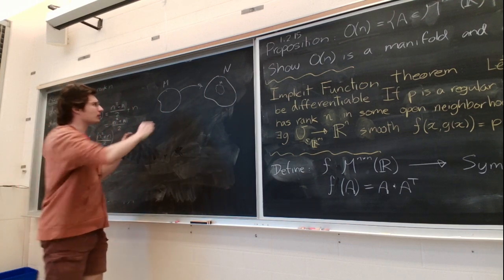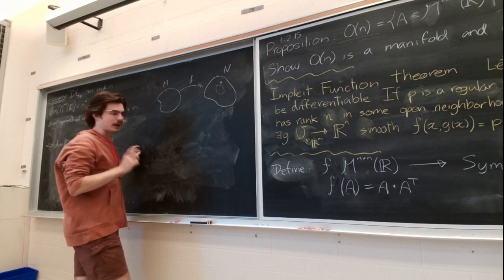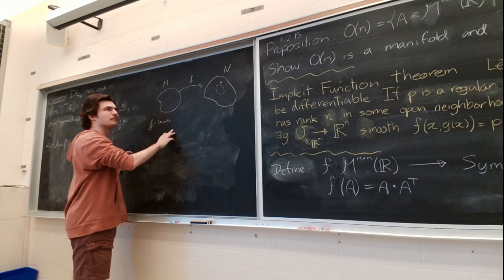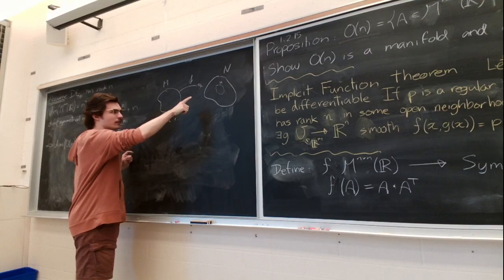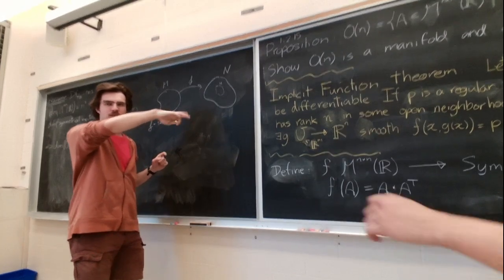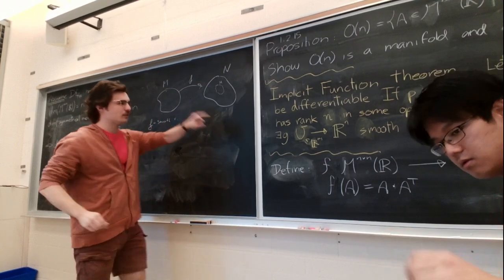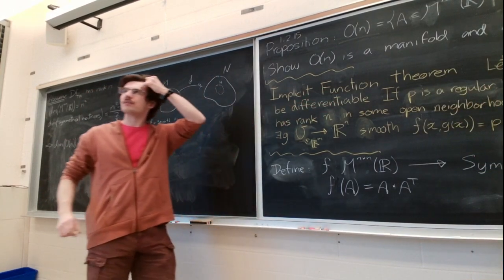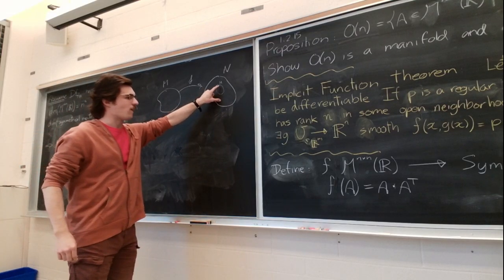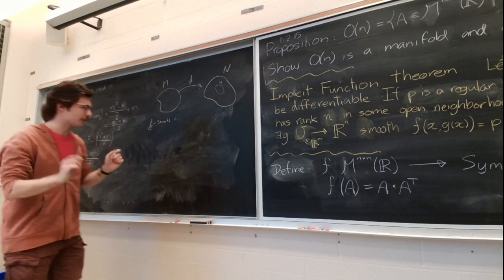And I have some map F from M to N, and F is smooth, plus some other conditions, like a full rank condition that you need somewhere. Maybe we want to turn this around. Smooth plus something else, like you need an analog of the regular value condition. Maybe every point of H is a regular value for it or something like that.